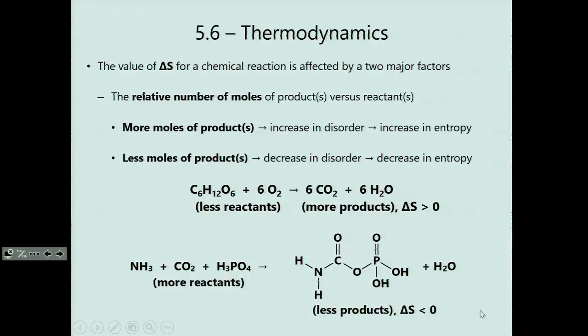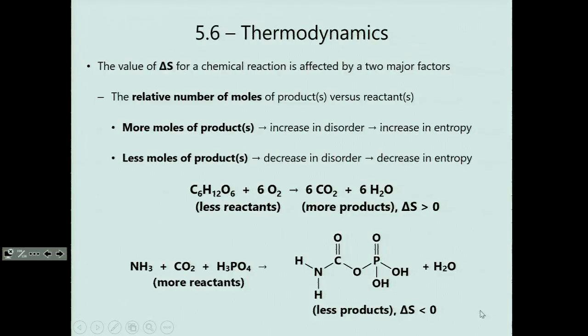First is the relative number of moles of products versus reactants. If you make more moles of products, you make more things from less things, the disorder is increasing. If you have a piece of some kind of rock or a piece of chalk, let's say, and you hammer it, and it breaks into 50 pieces, you've increased the disorder, right? From one thing, you've made more.